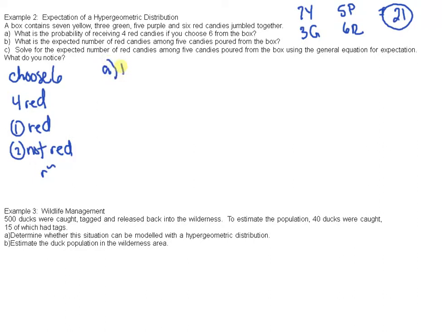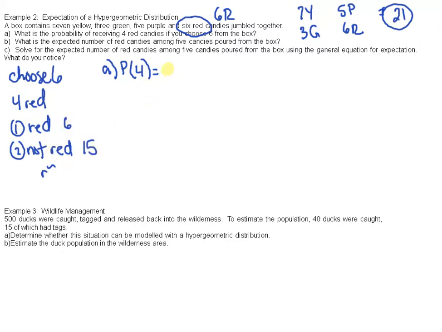So for A, the probability of exactly 4 being red, well, let's take a look. There are 6 red, and how many non-red? Well, out of 21, there would be 15 non-red. Okay, so red, which is 6, and not red, which is 15.